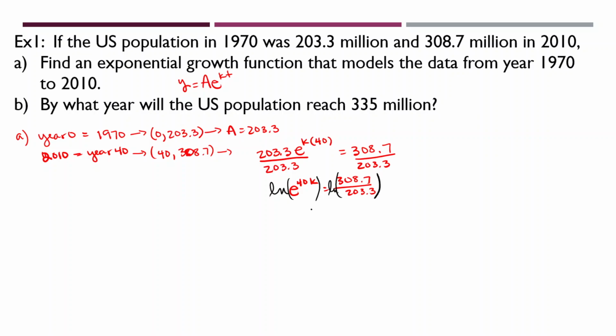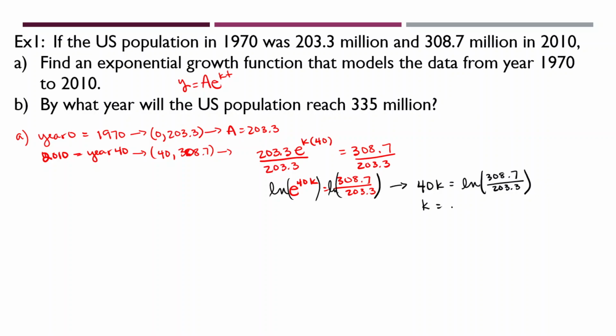What that does is change this from an exponential to a log, and it tells us that 40k is going to equal the natural log of 308.7 divided by 203.3.